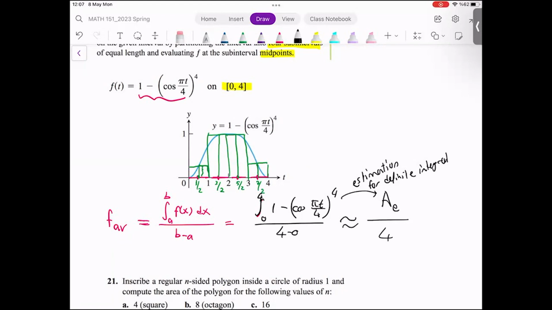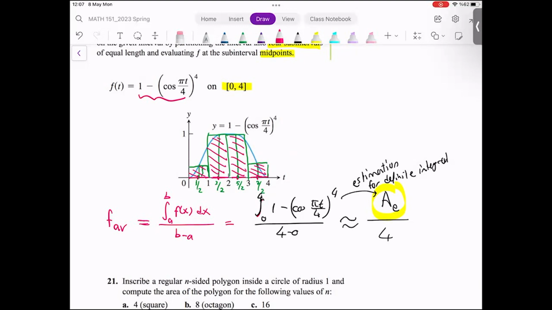Okay, so what we need to find now is this estimation for the area under the curve, and it will be done by using these approximating rectangles that we draw here. We draw 4 rectangles, and we will find the sum of the areas of these four rectangles to get an estimation for the exact area under the curve, which is the same as the definite integral.